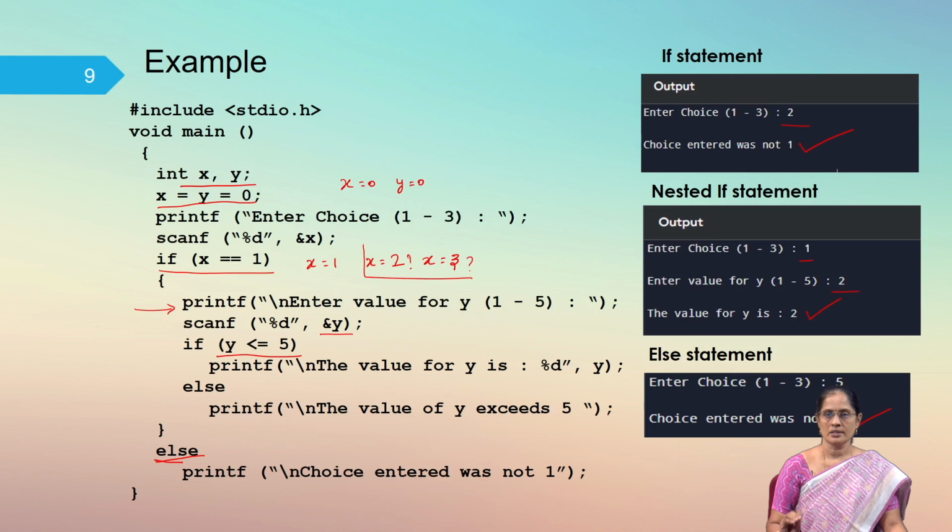In the third case, the first if statement itself fails, so we directly go into the else part and it gets displayed. This is how the nested if statement works in C language.